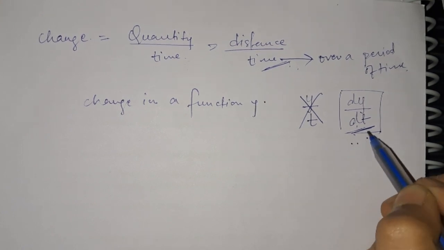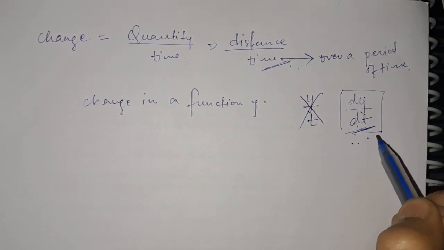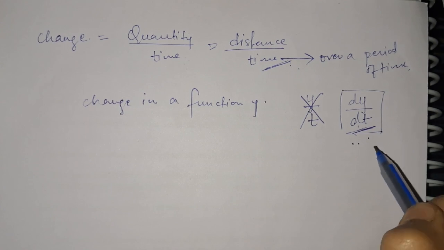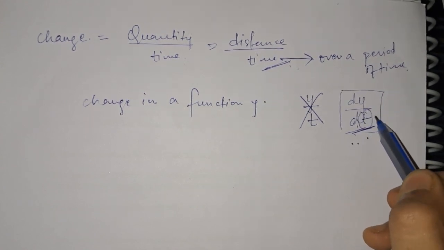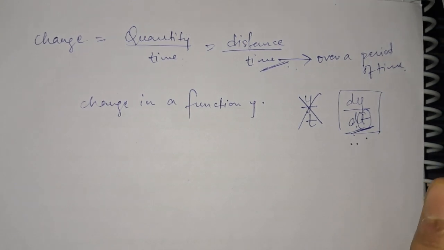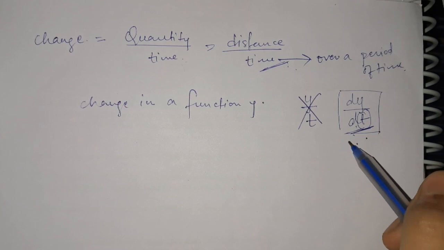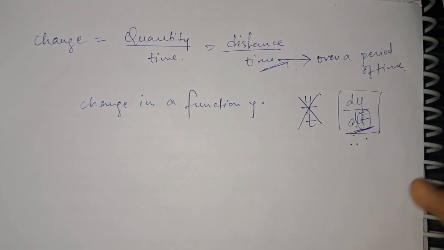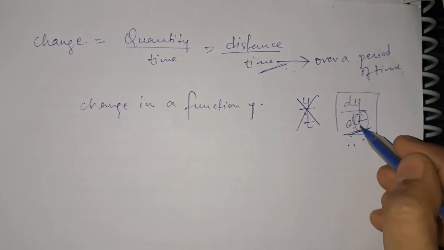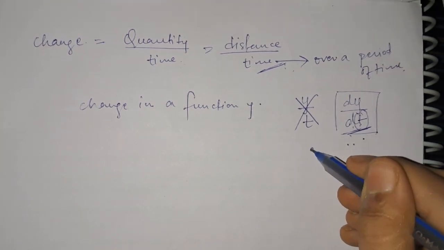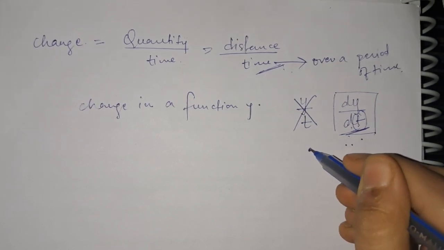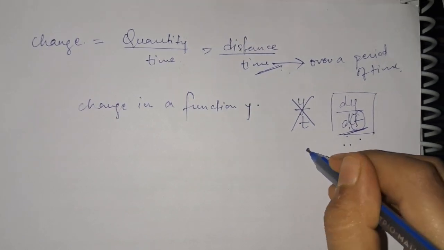So we are calculating the change at a specific point, or if we are dealing with time, we can say that we are calculating the change at that precise moment. We are not calculating it over a period or an interval of time, but at that specific moment.